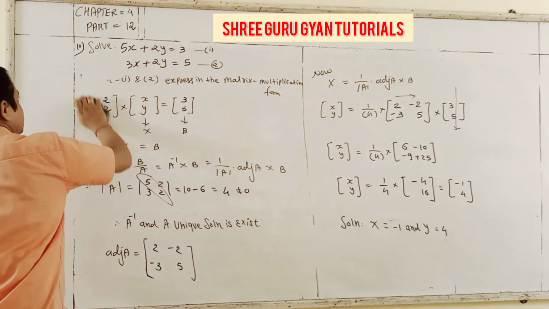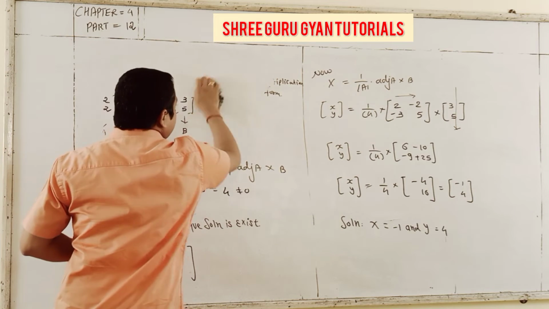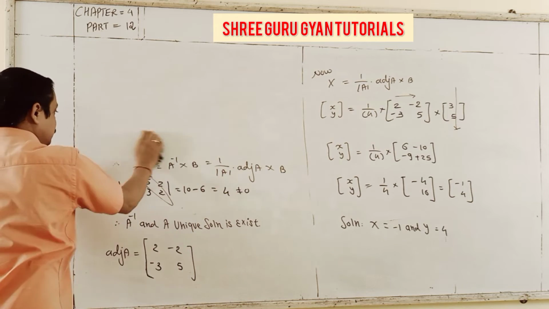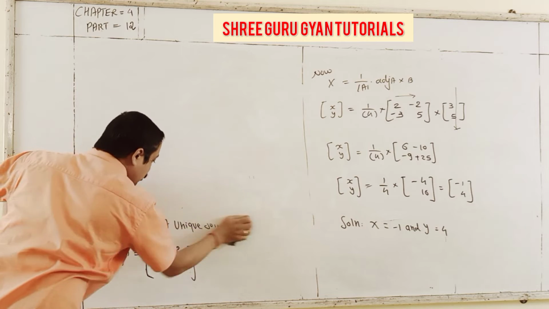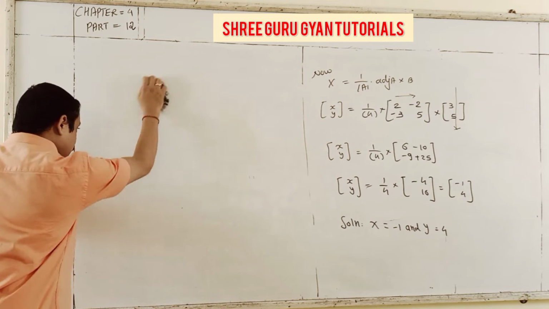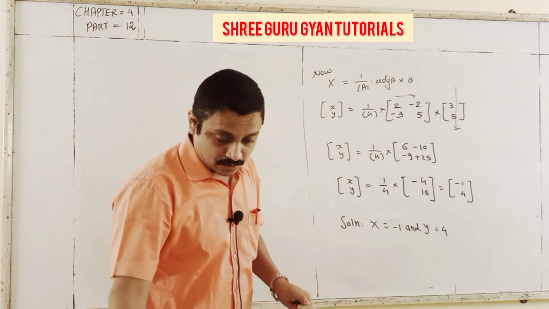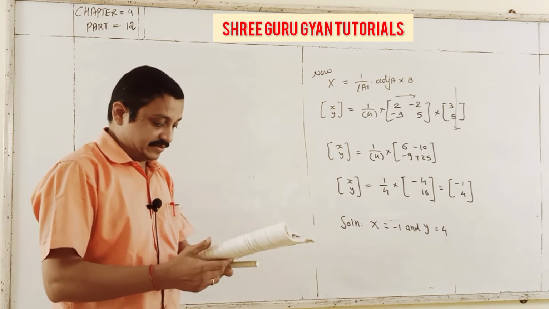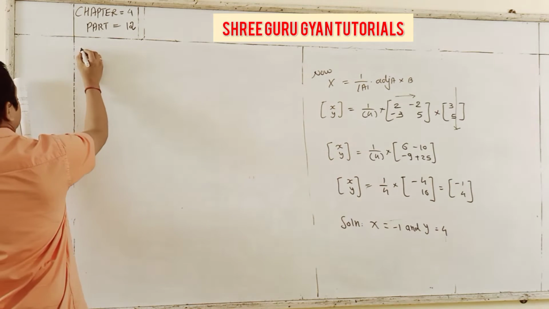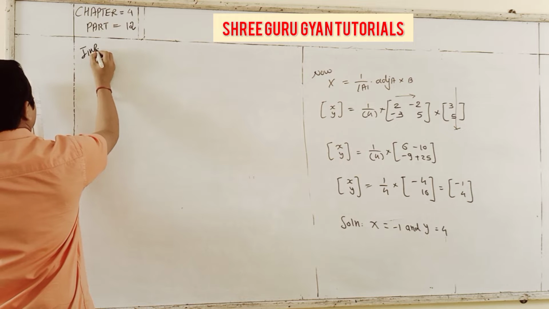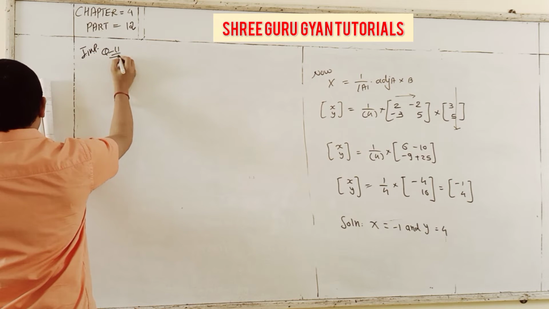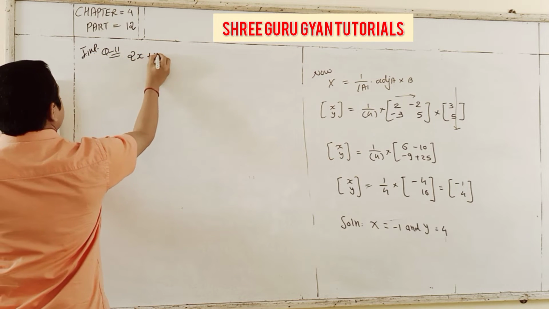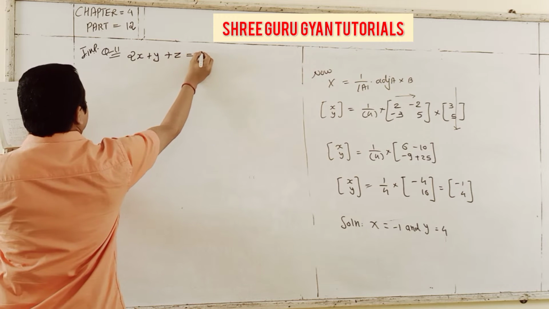Now the 11th question is a very important, exam oriented question. Question number 11. Important for exam. 2x plus y plus z is equal to 1.